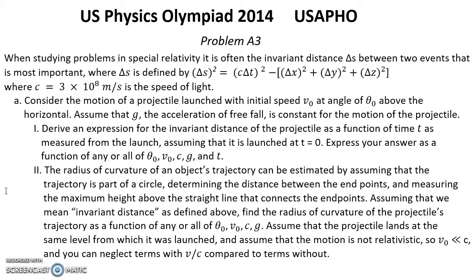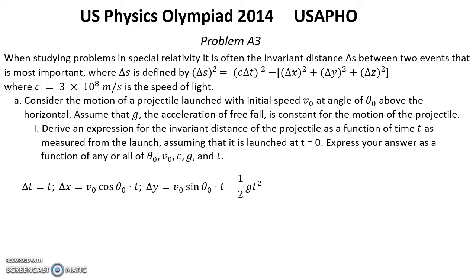Assuming that we mean invariant distance as defined above, find the radius of curvature of the projectile's trajectory as a function of any or all of theta 0, v0, c, g. Assume that the projectile lands at the same level from which it was launched, and assume that the motion is not relativistic, so v0 is much less than c, and you can neglect terms with v over c compared to terms without. Solution.